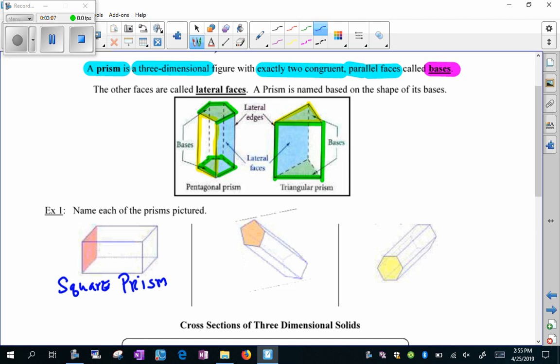That is okay. And the second one, if I count the sides of that base, it's a pentagon, so we're going to call that a pentagonal prism.